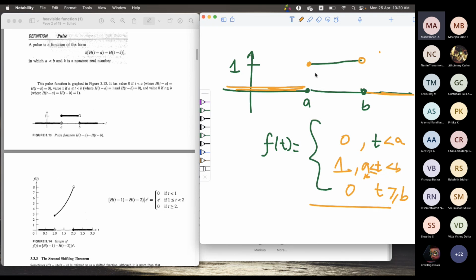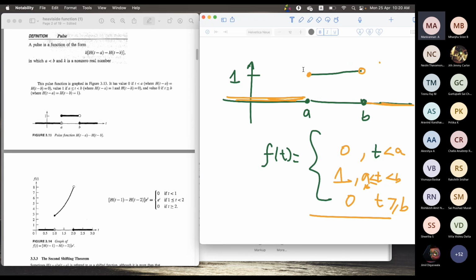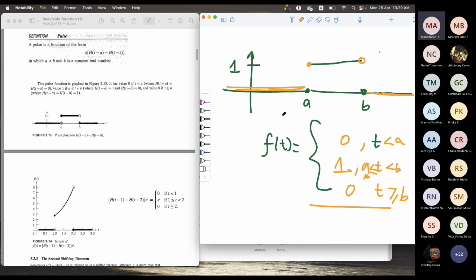Yes, sir. Using this pulse function, from the graph to the function or from the function to the graph, we can write or plot either one, if one form is given. Then we write this f of t in terms of the Heaviside functions. Why are we discussing this?